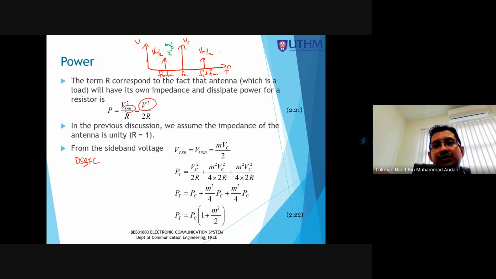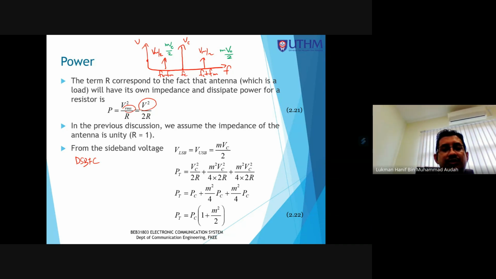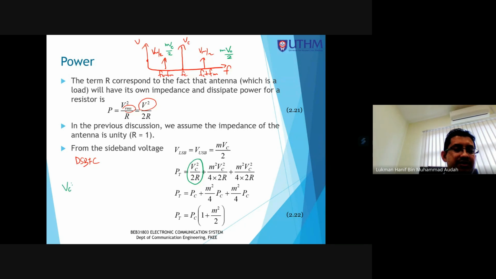So when you want to write the equations, this is VC square over 2R plus MVC over 2 square divided by 2R.